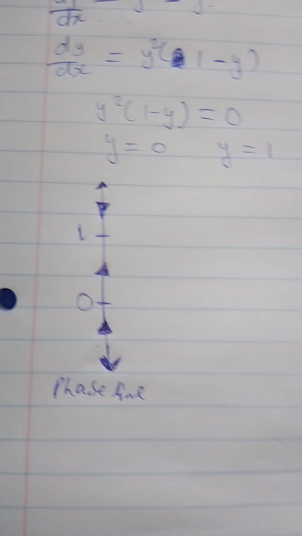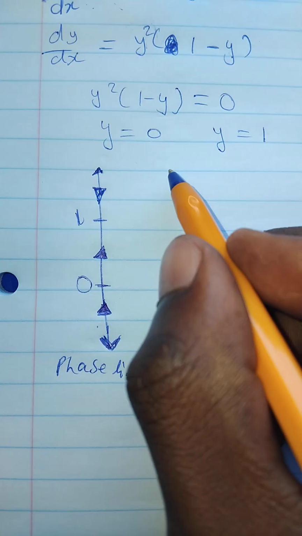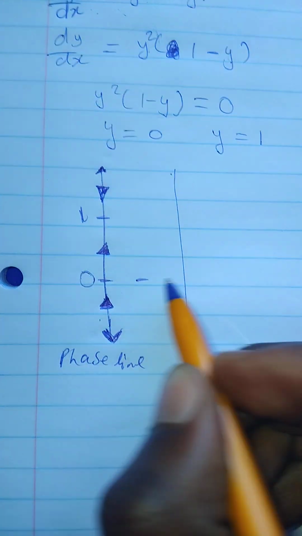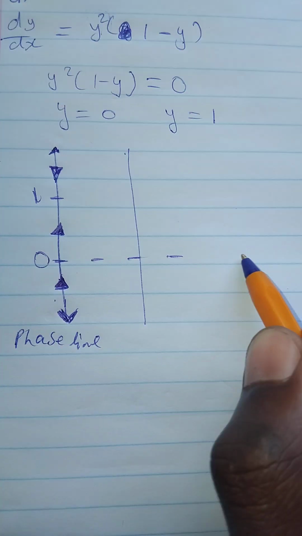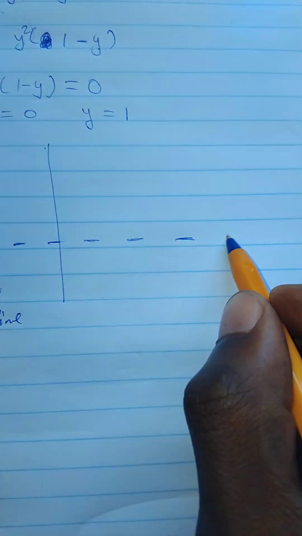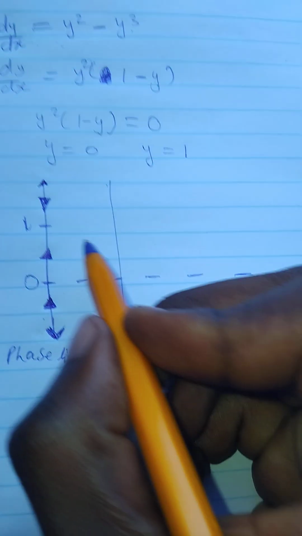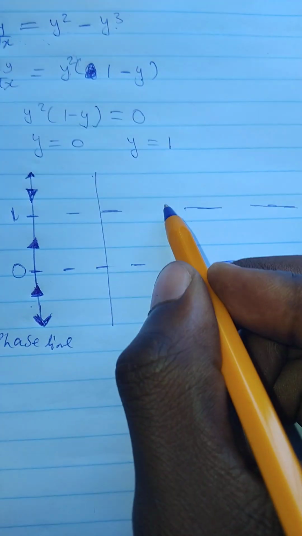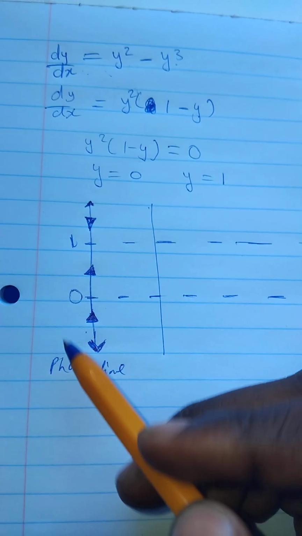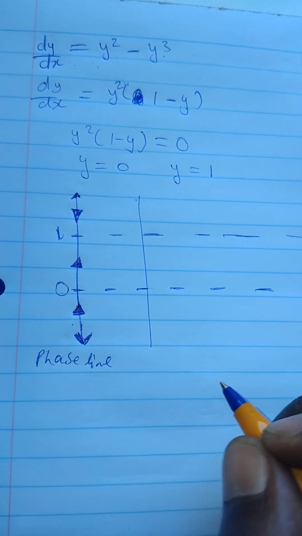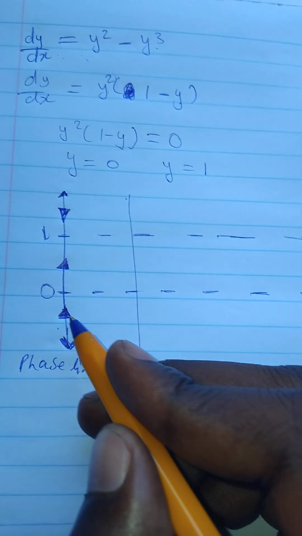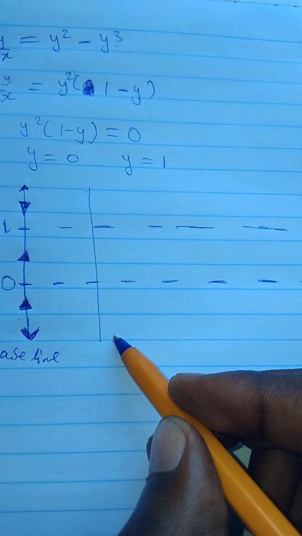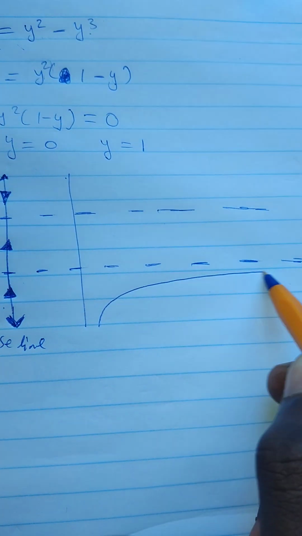Now we can quickly draw the solution curve and see which of our critical points is a repeller and which is an attractor. So we know that with these arrows, now we can just quickly draw our solution curve. If the arrow is facing up, we know gradient is positive. Then we need a positive gradient like that.